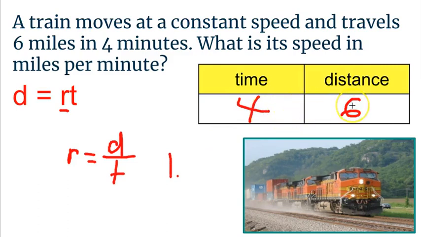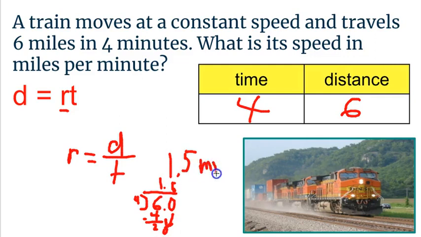That would give us 2 left over. Bring down the 0. 4 goes into that 20 five times. So the rate of speed is 1.5 miles per minute. Miles per minute.